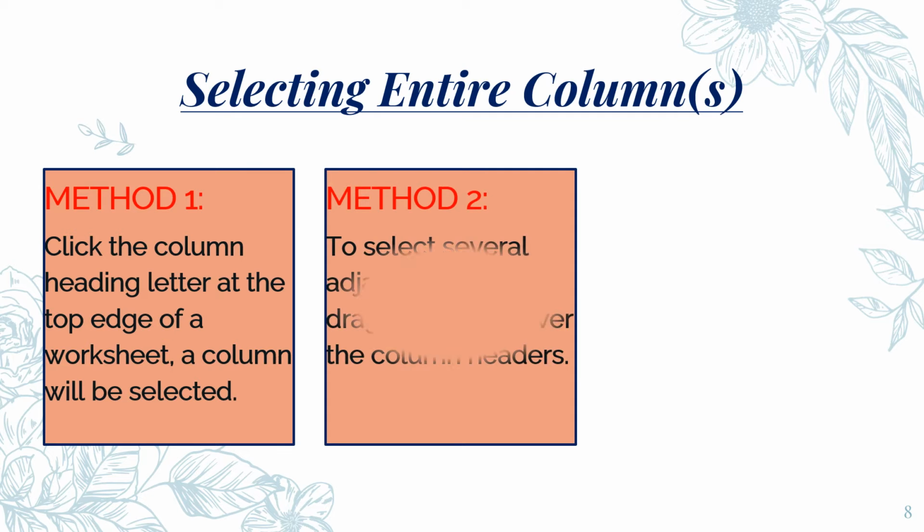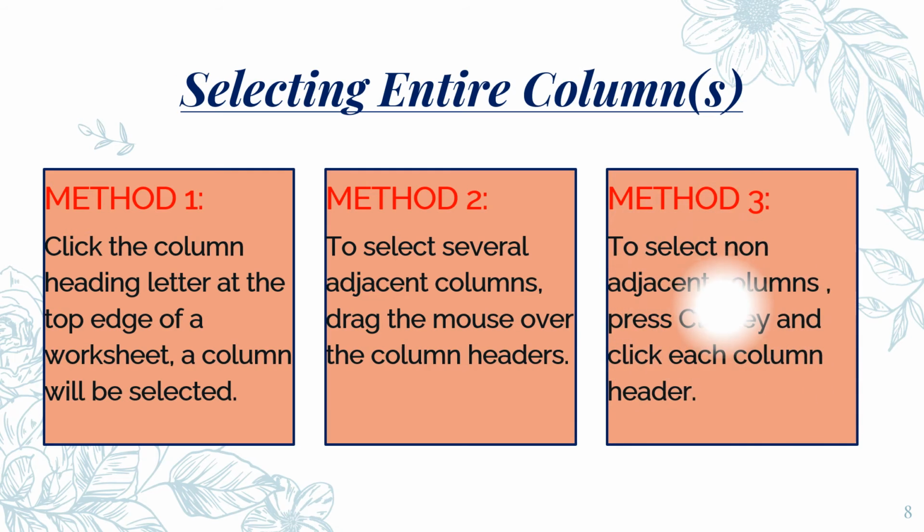The second method is that you can drag the mouse over the column headers in order to select the adjacent columns by dragging the mouse over the column headers. Third method is to select non-adjacent columns. Again, you will need to press the Control key from the keyboard and click on each column header.